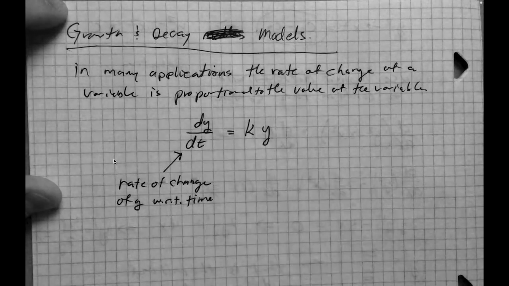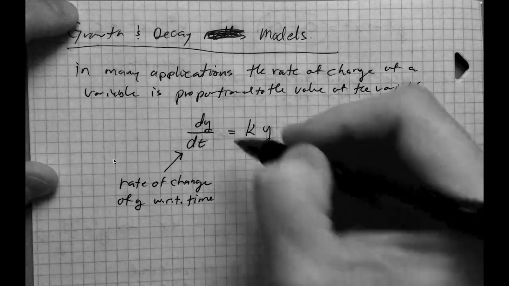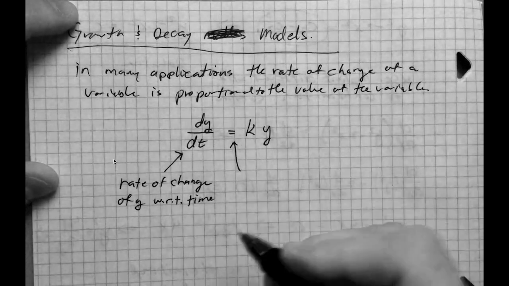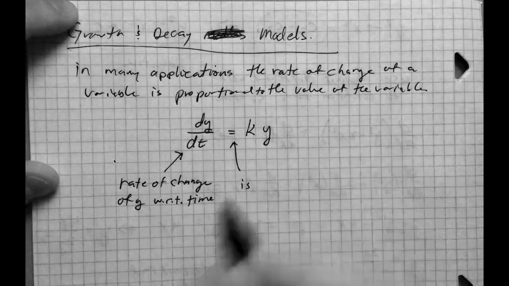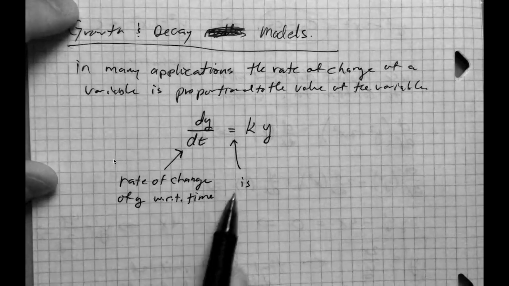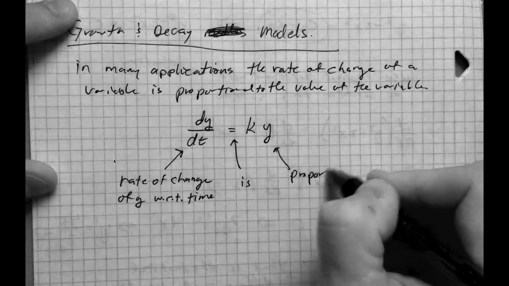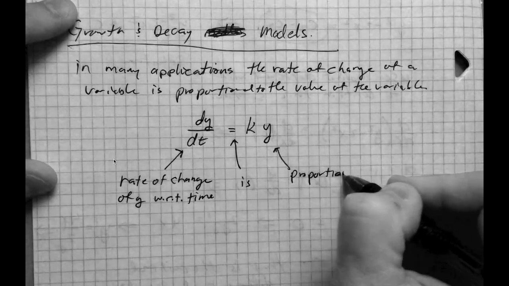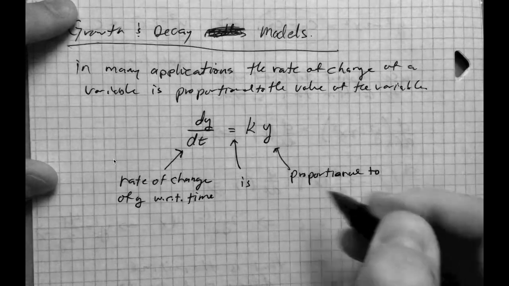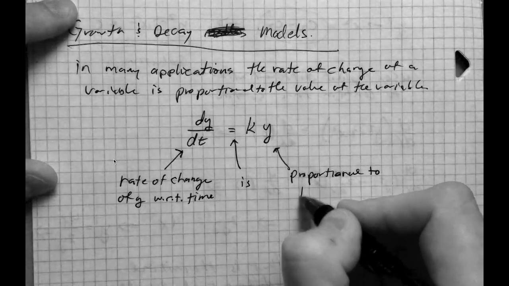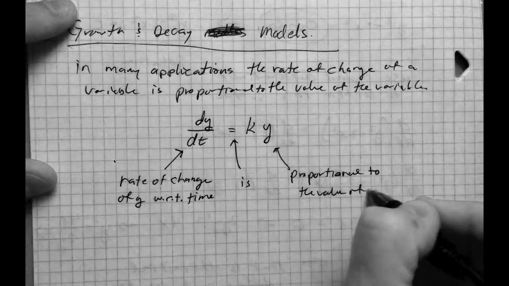Usually we use dt for time. And of course the equal sign you can interpret as the word is, basically. The rate of change of y with respect to time is proportional to the value of y.